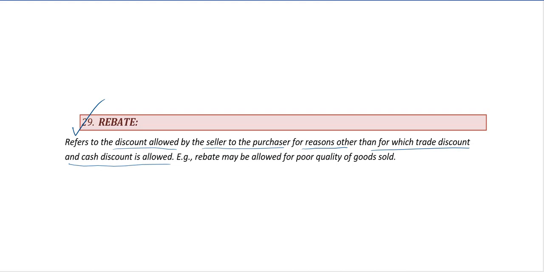So we already saw trade discount is given for bulk purchases in quantity and value, and cash discount is given for prompt payment of dues. Now, for other than these two reasons, if any discount is allowed by the seller to the purchaser, then it is referred to as rebate. To give you an example, rebate may be allowed for poor quality or defective quality of goods sold.